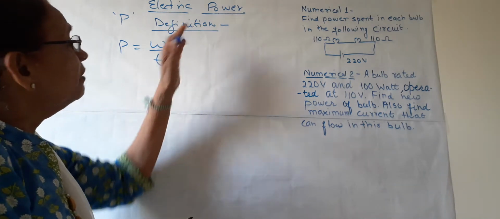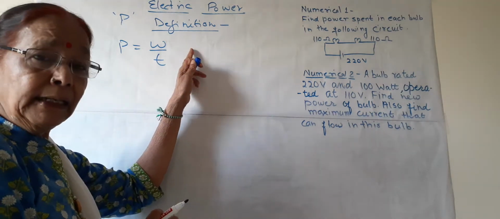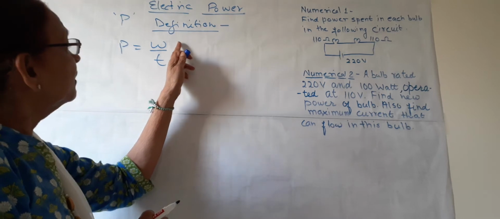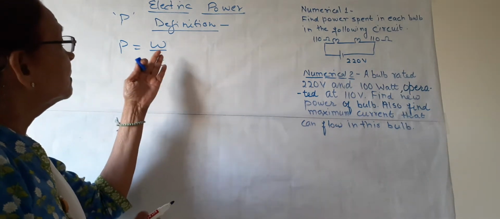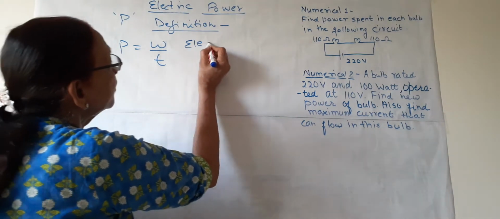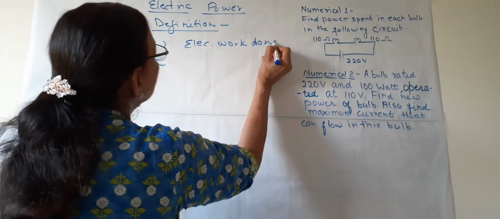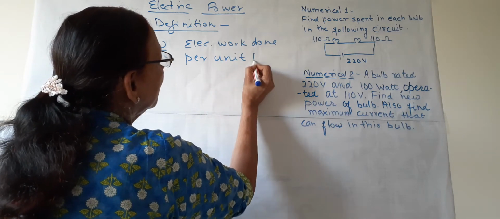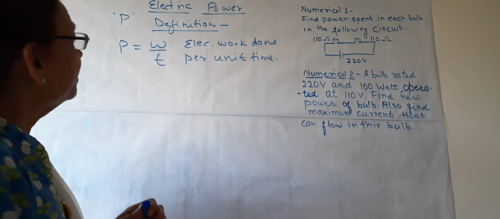So the definition of power will be electrical work done in unit time, or electrical work done per second. This is the simple definition.